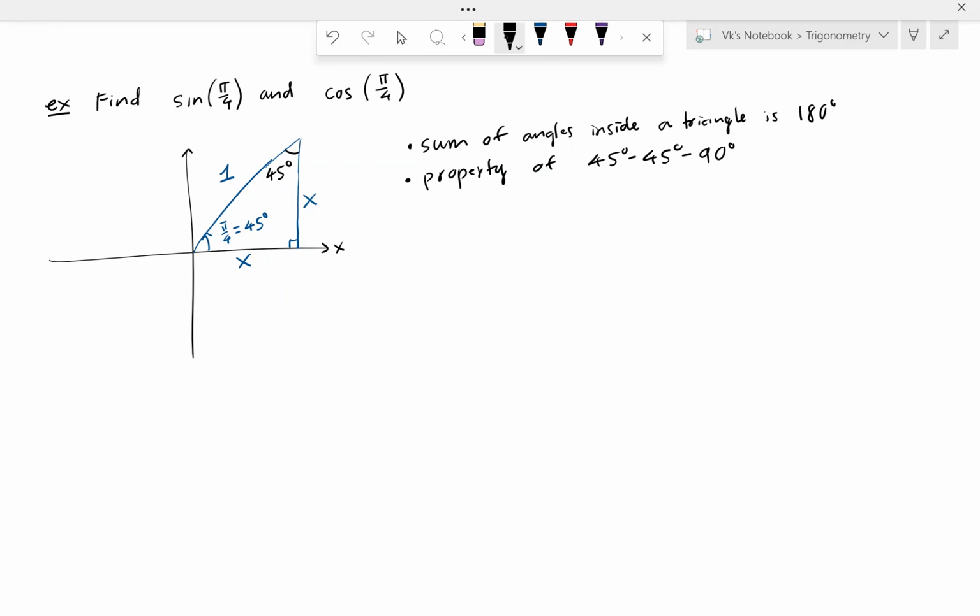The property is that adjacent is always equal to opposite, which is why you see that I wrote x, x instead of x, y. From this property, we can figure out x.